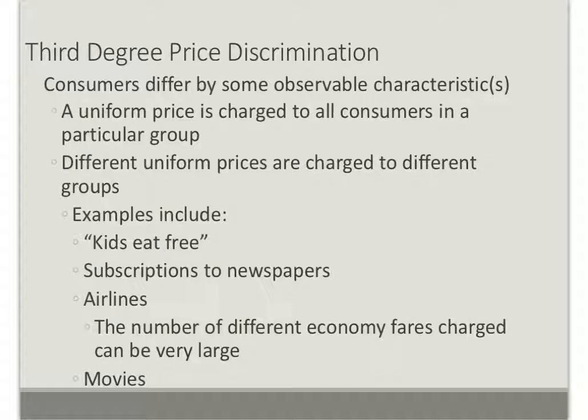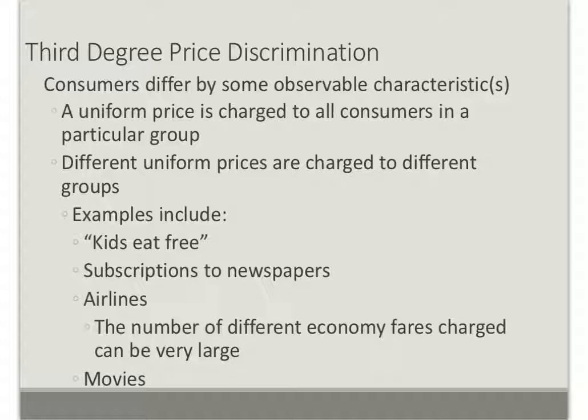Okay, third degree price discrimination is similar, but it's even a little cruder in a way, and it's a little less efficient at converting consumer surplus into profit. So you can sort of think of first degree as the most efficient, second degree is less efficient, and third degree is even less efficient, but it's better. They're all better than a single price.